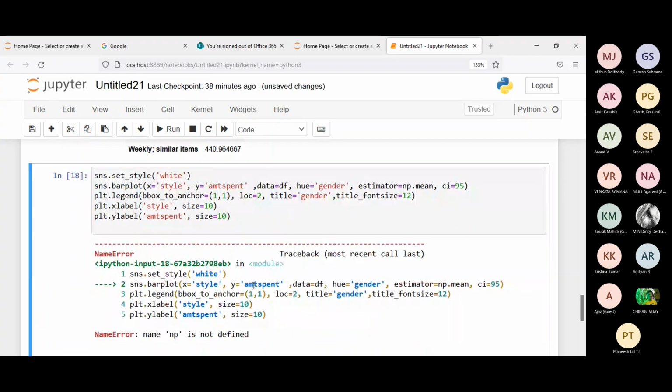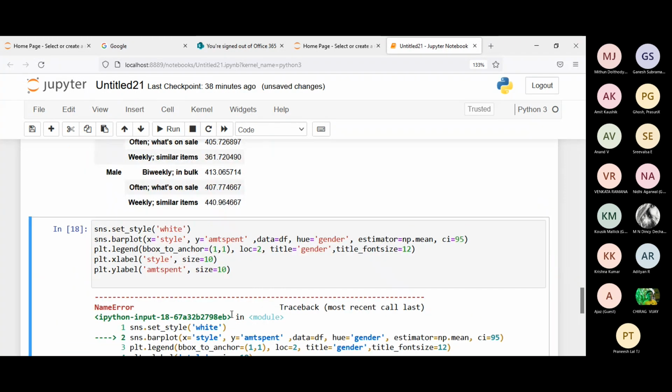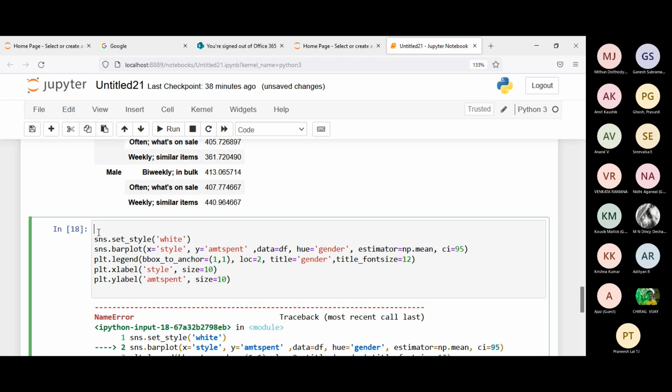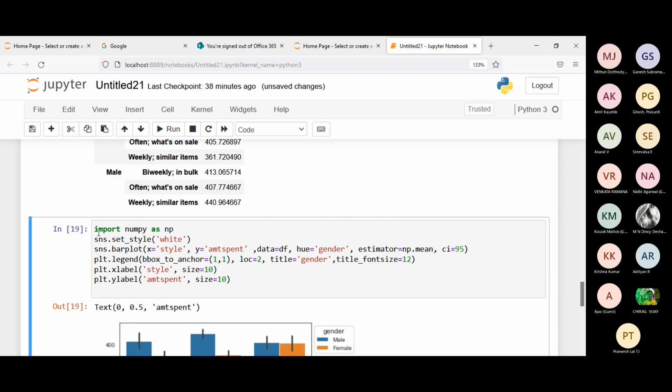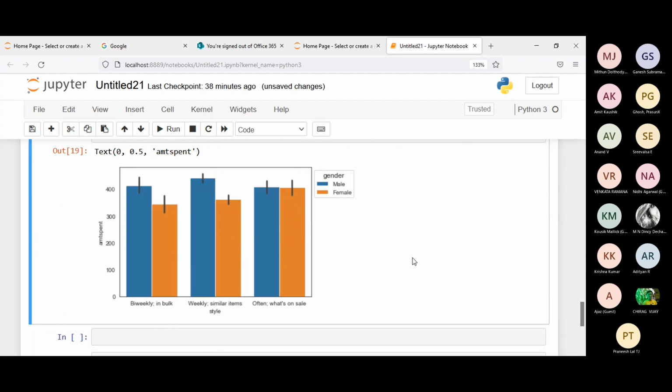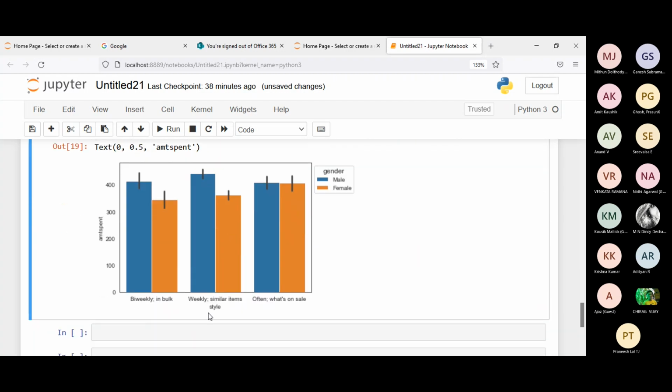I'll just copy paste this in the group so that you can paste this code. It is giving me a small error which says np is not defined. So simply say import numpy as np. Correct? We are using np.mean here. So this is what you'll be getting.